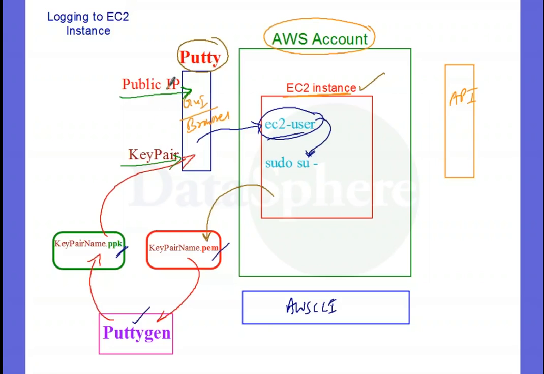The key pair is the converted private file we have to use, and then you connect. So let us see how to connect as ec2-user to the EC2 instance. But before that, let us see how to convert a key pair file, downloaded from the account when we create an EC2 instance, into a PPK file using PuttyGen. Then we'll use Putty to connect to our server.